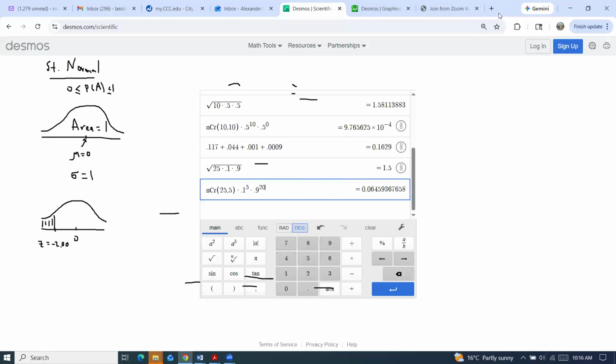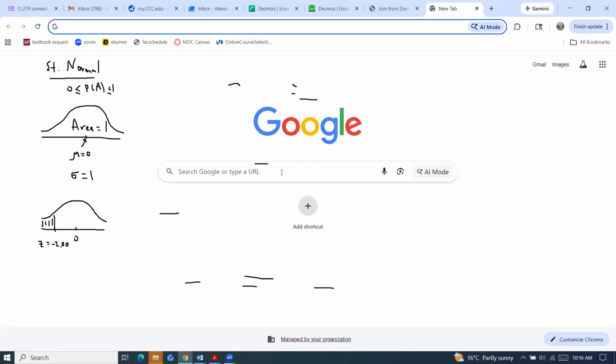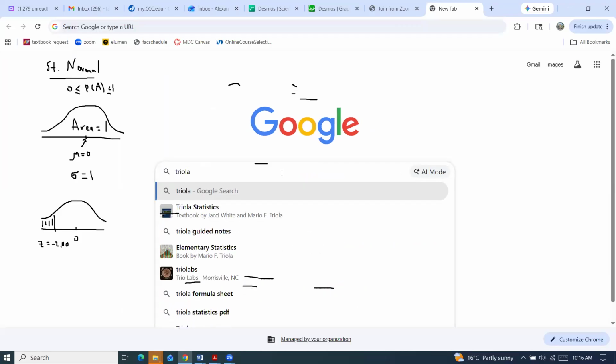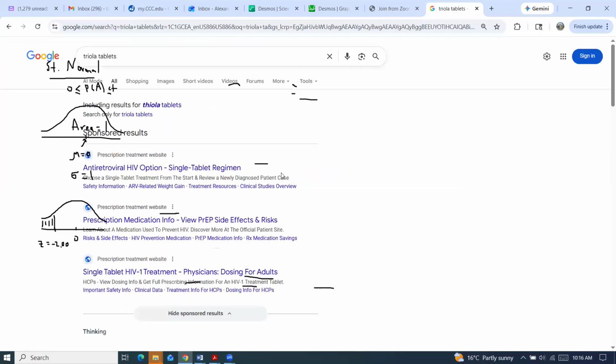So if you open the next window and go to Triola tables, Triola is the name of the author that I'm using. So I start typing Triola tables. Mario Triola is the author of the textbook, and I want to use Triola tables.